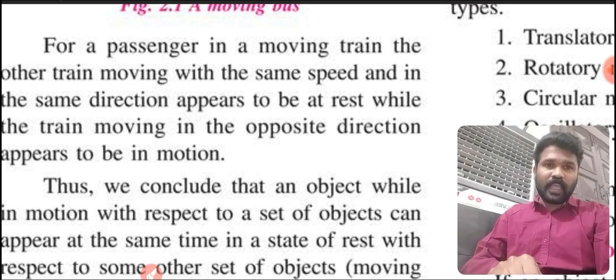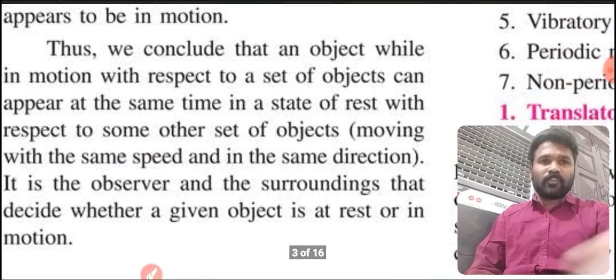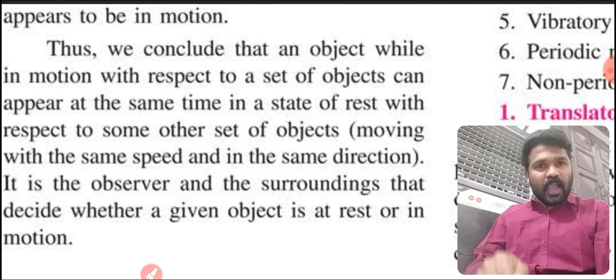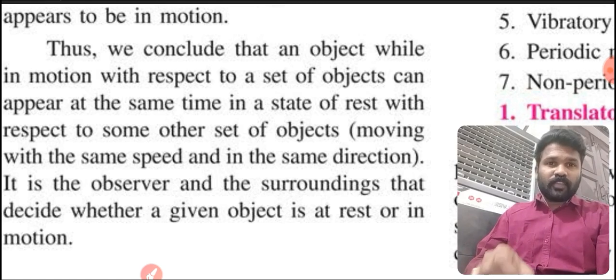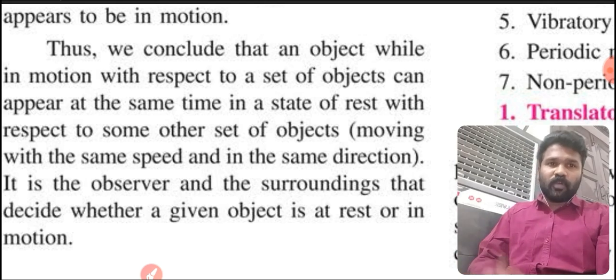Thus we conclude that an object while in motion with respect to a set of objects can appear at the same time in the state of rest with respect to some other set of objects moving with the same speed and in the same direction.